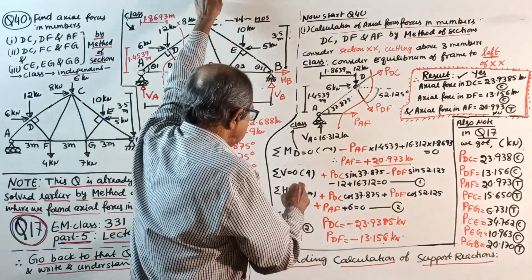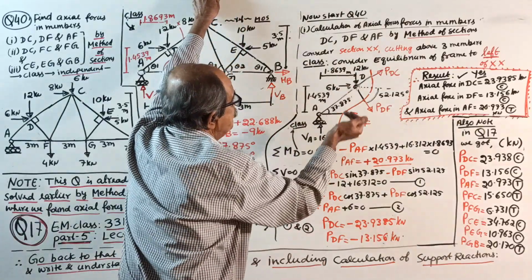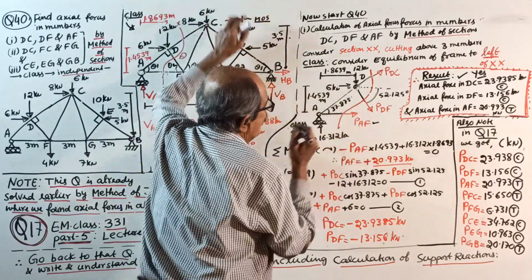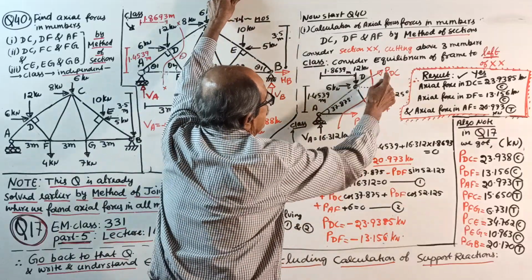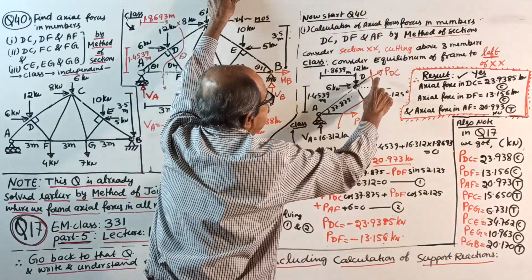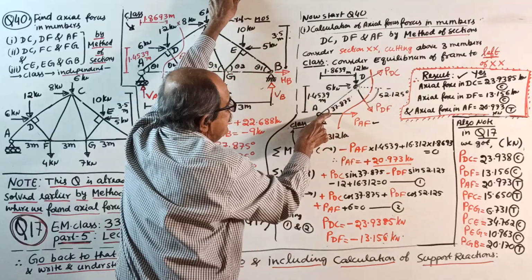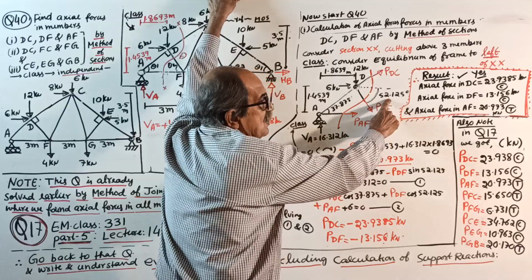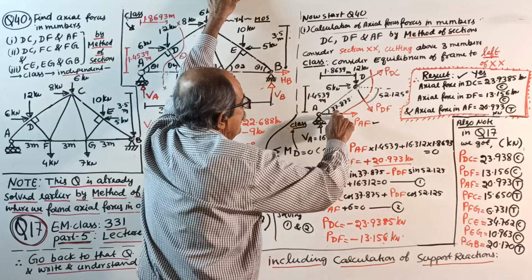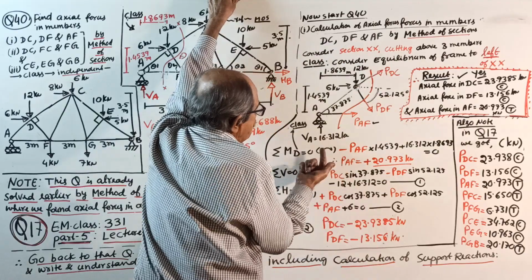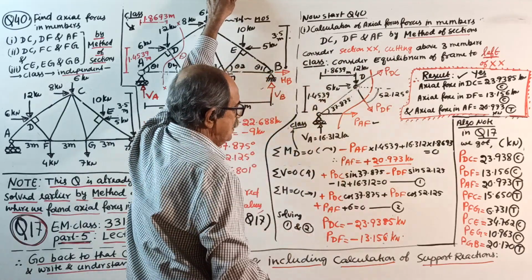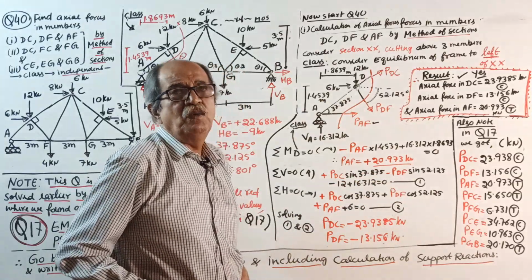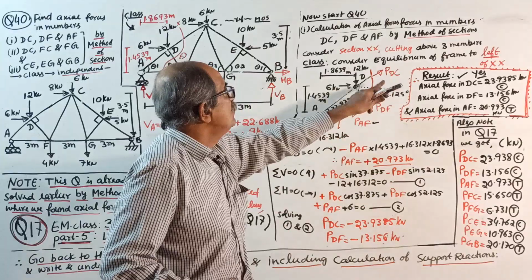Then sigma V equals 0, upward positive. Unknown first. Now PAF is got. Plus PDC sine of 37.875 minus PDF sine of 52.125 minus 12 plus 16.312 equals 0. Both unknowns are there. Equation number 1. See, sine, cos.